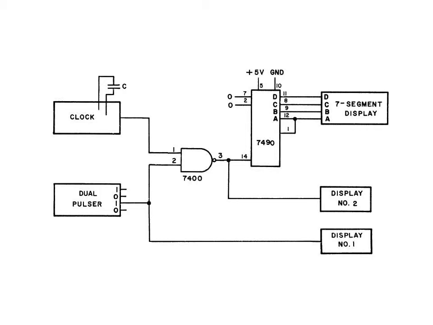Now, the key integrated circuit is the 7490 rectangle. Power, as a standard, I placed at the top. Inputs on the left of the box and outputs on the right.